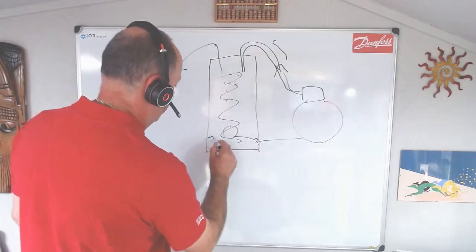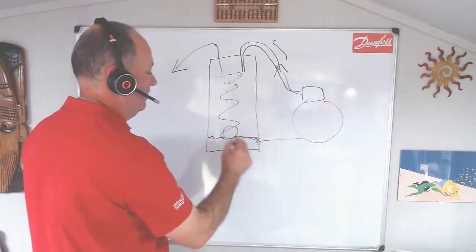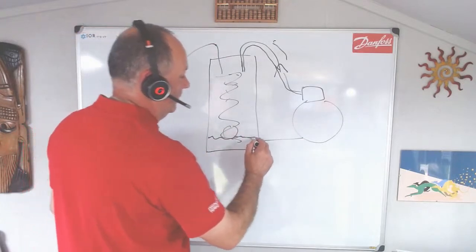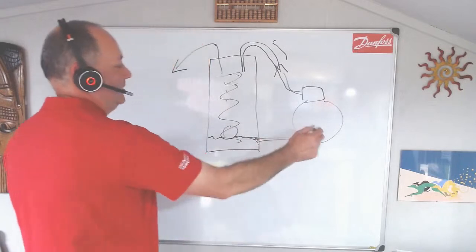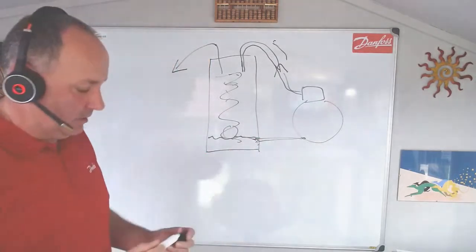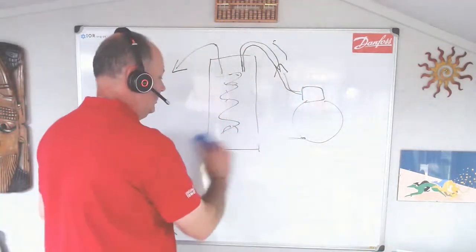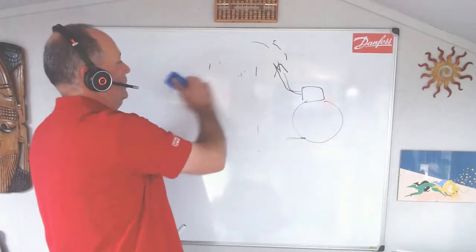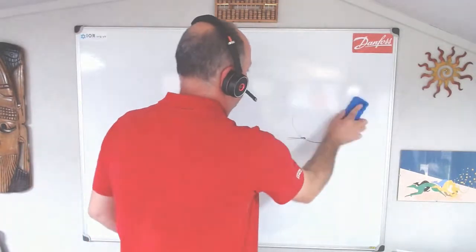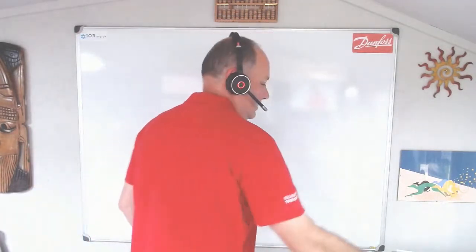So whenever we get a certain amount of level in the oil sep, the float will open and it will feed our oil back to our crankcase, which is where it's needed. There's many different types of oil separator, but yeah, it is important because we need oil at the compressor, because without oil, our compressor will unfortunately die, which is not a good one.